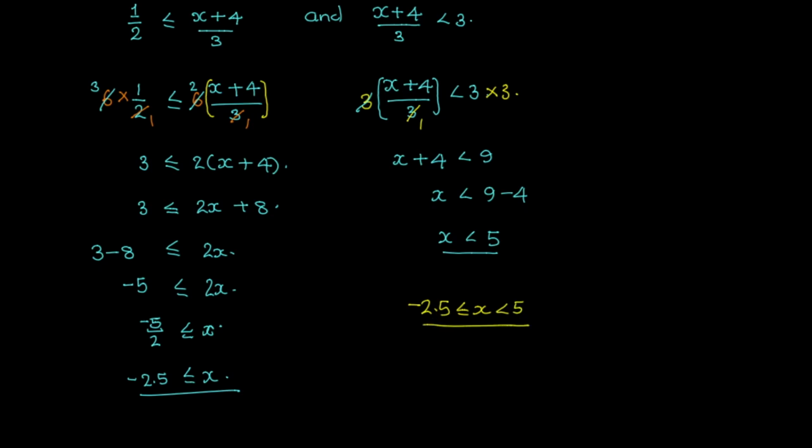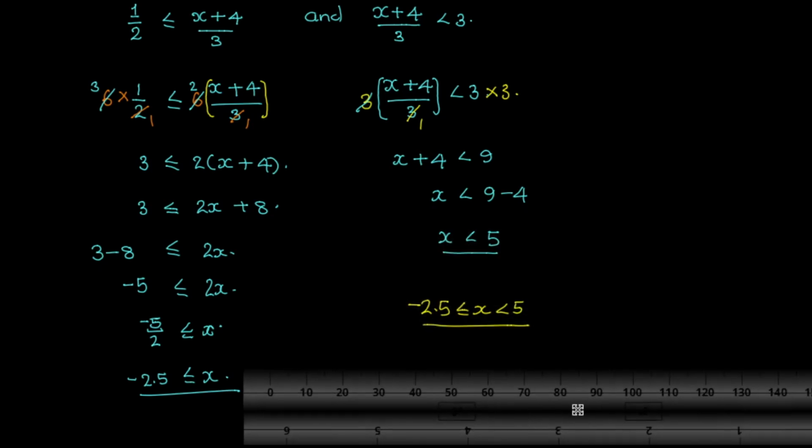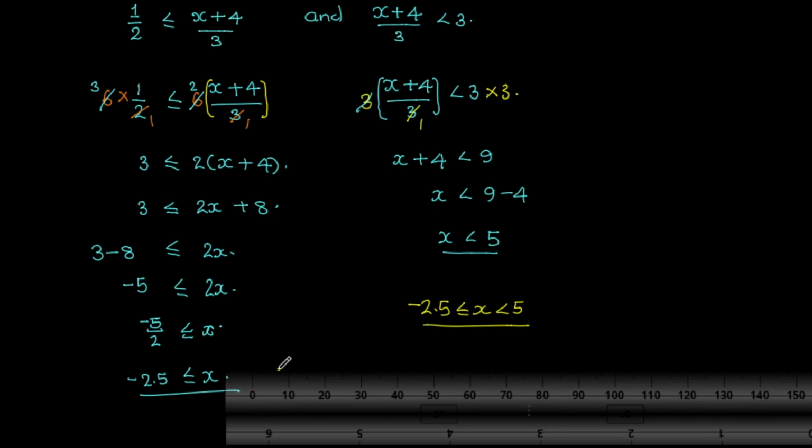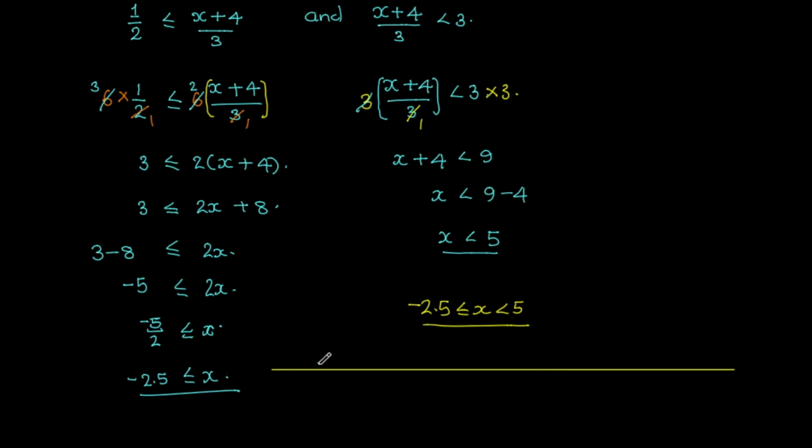Putting this on a number line, the range of the numbers is from negative 2 to positive 5. We can start labeling from maybe negative 3, negative 2, negative 1, 0, 1, up to 5, 6.